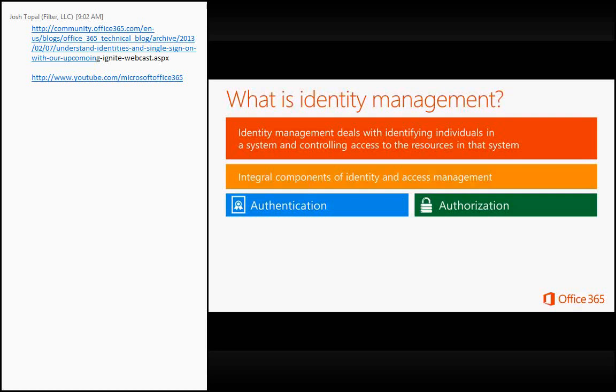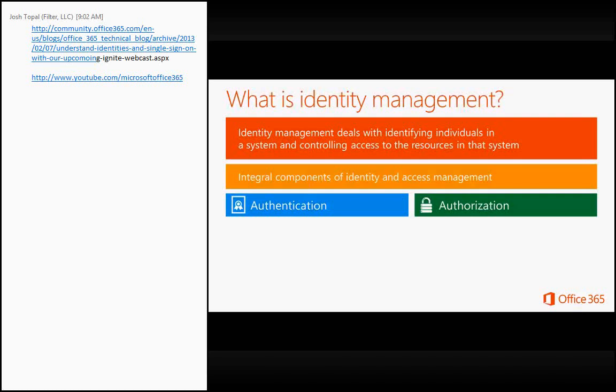That would be your own local identity, Active Directory, for example. We also have a resource provider, and they're organizations that want to make their applications and services available to other users and organizations. That could be hosted environments, with Office 365 being an example of that.